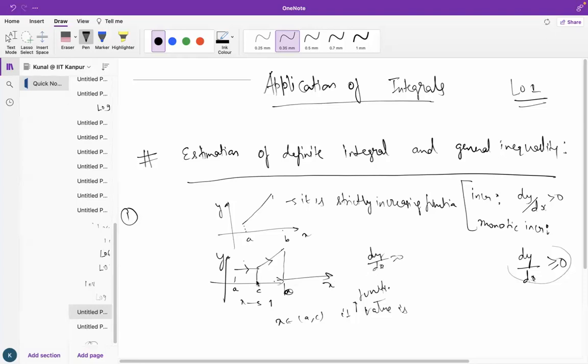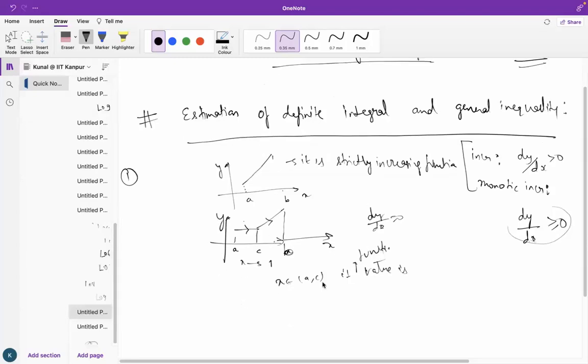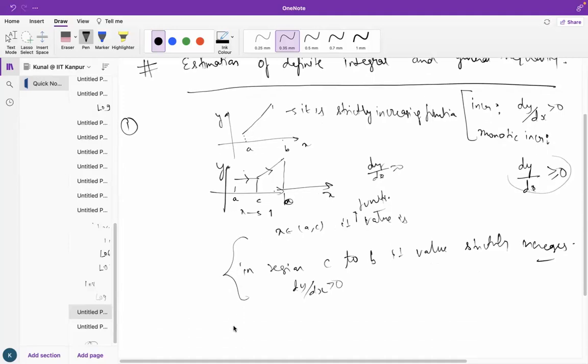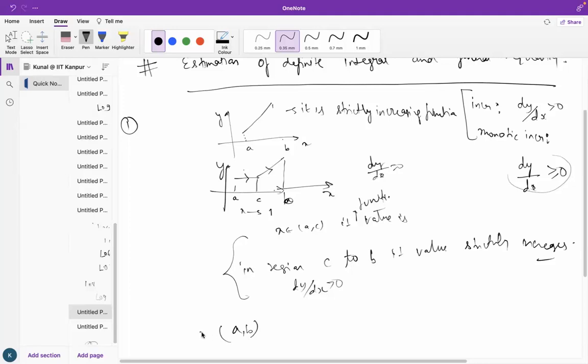And then in the region C to B, its value strictly increases, so in that region dy by dx is greater than 0. If we include the whole region from A to B, when x belongs to A to B, we get dy by dx greater than or equal to 0. So this is the monotonic function graph, and that is the strictly increasing function graph.